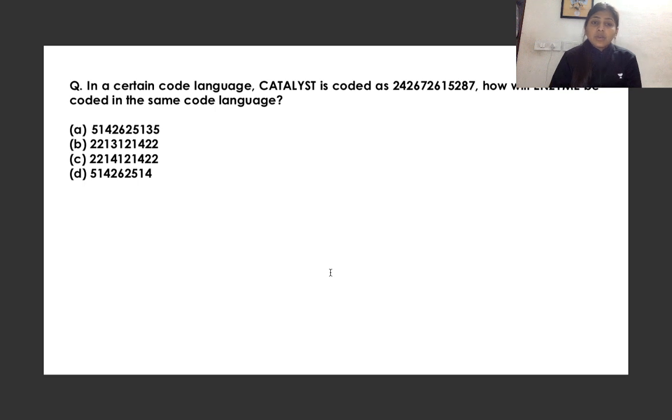So in a certain code language, CATALYST is coded as 242672615287. So we see that the number of digits used to code the word catalyst is more than the number of alphabets in this word, right? There are 1 2 3 4 5 6 7 8 letters in this word, and the numbers are definitely more than 8. So what possible thing do you think this can be?